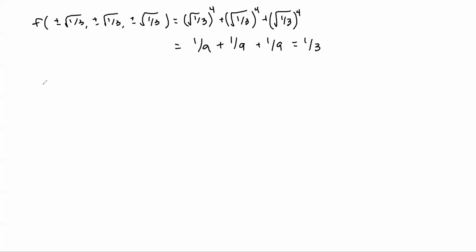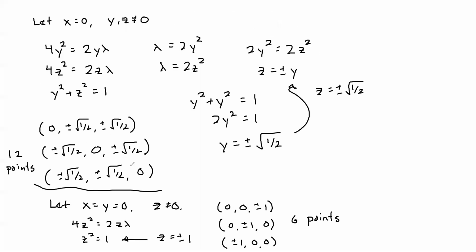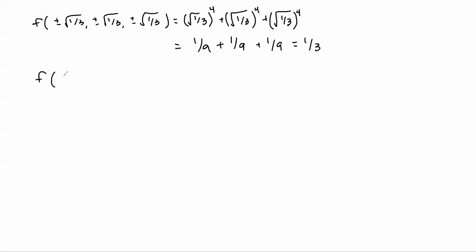All right. Next, what about the next group? So these 12 possibilities. We're going to have plus or minus root 1/2, plus or minus root 1/2, comma 0.